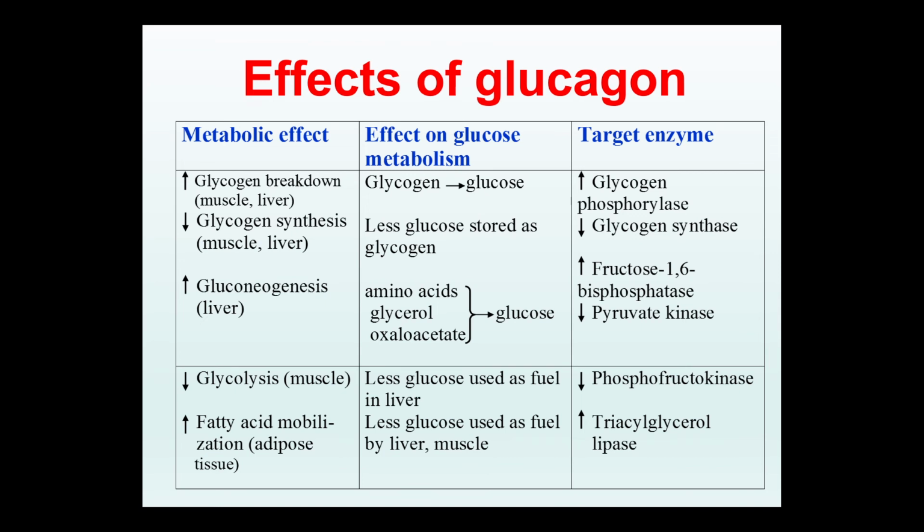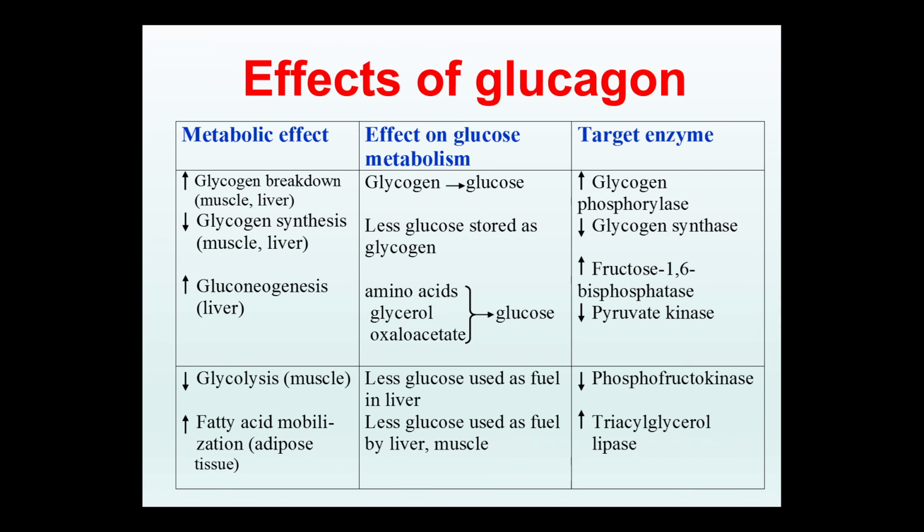The net effect of glucagon is thereby to stimulate glucose synthesis and release by the liver and to cause the mobilization of fatty acid from adipose tissue to be used instead of glucose as a fuel for the tissue other than brain.